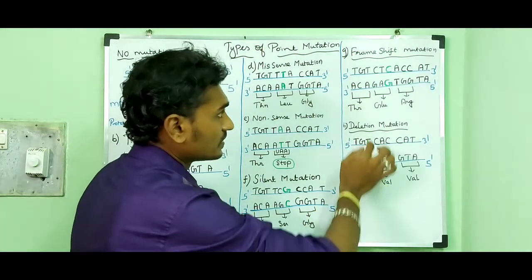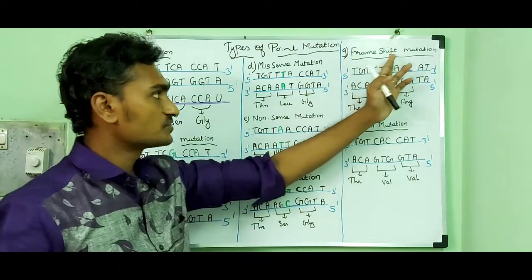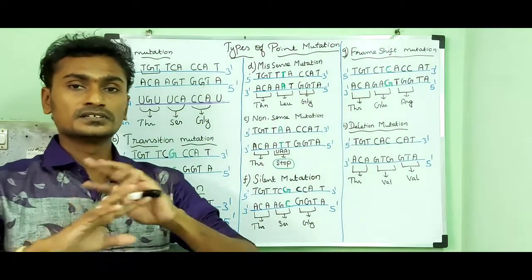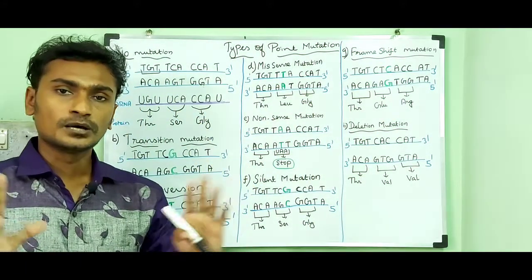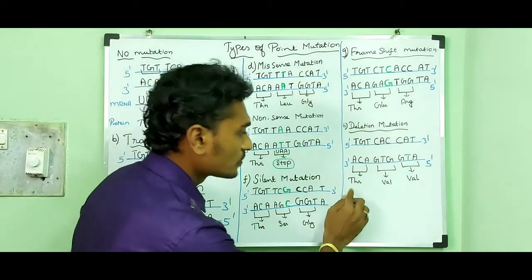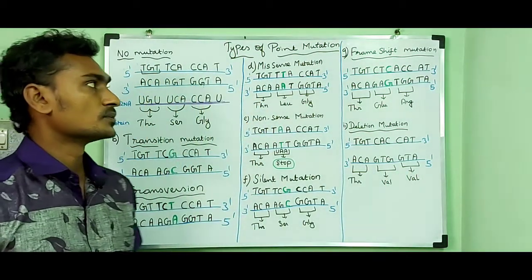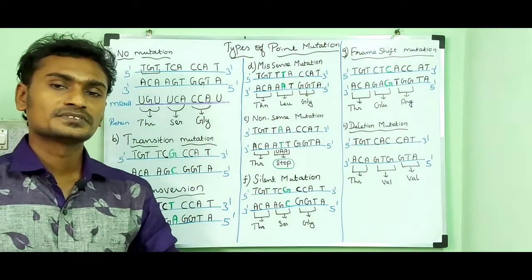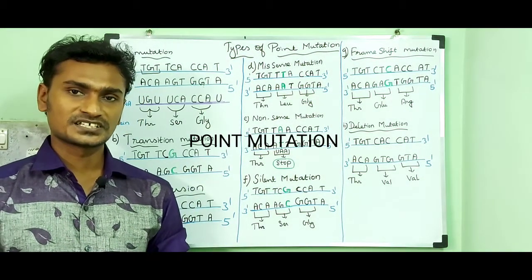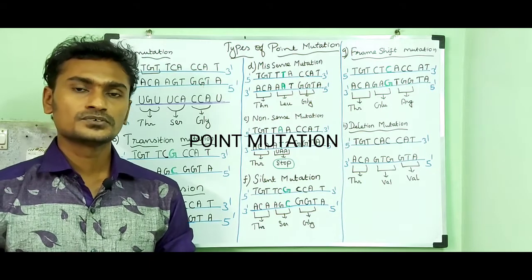So it is otherwise called frame shift mutation because of the total change in the amino acid sequence. So here you can find threonine, valine, valine. So that's all about the types of mutation.